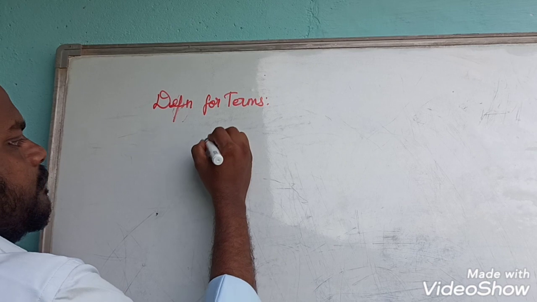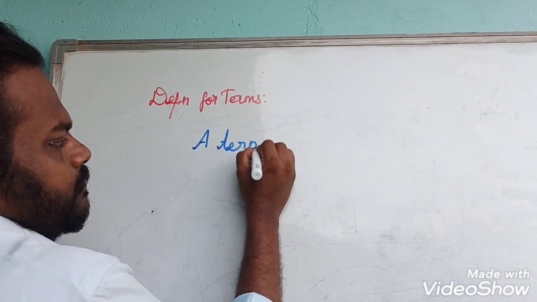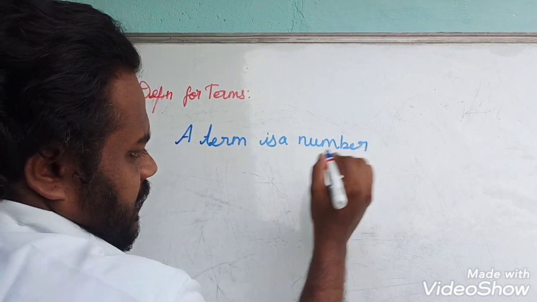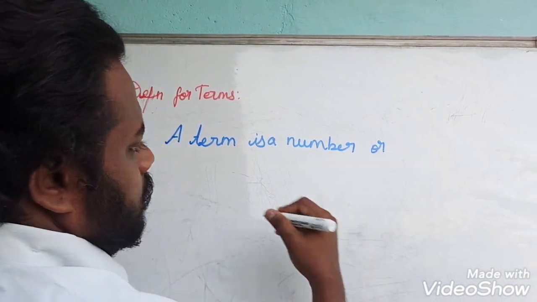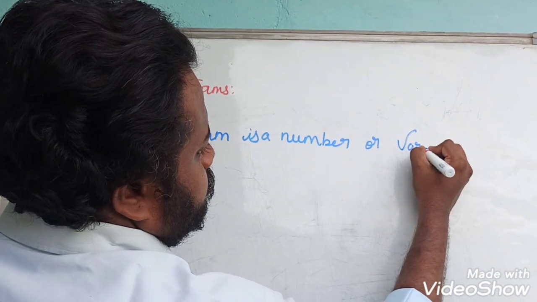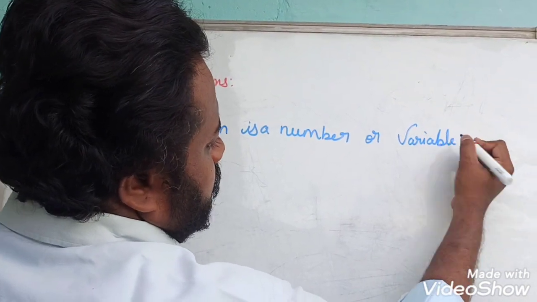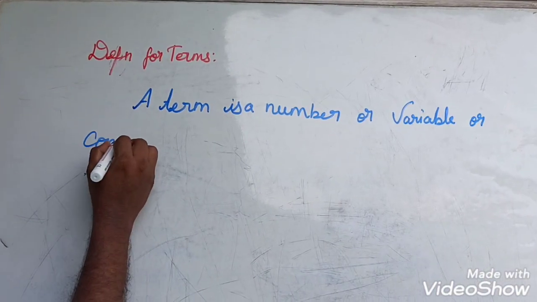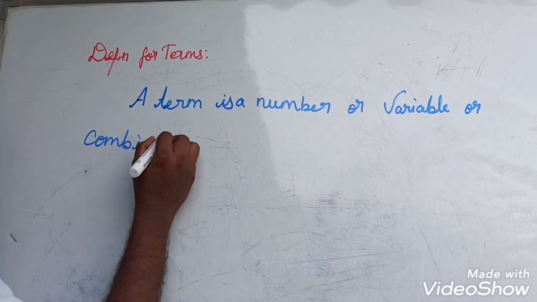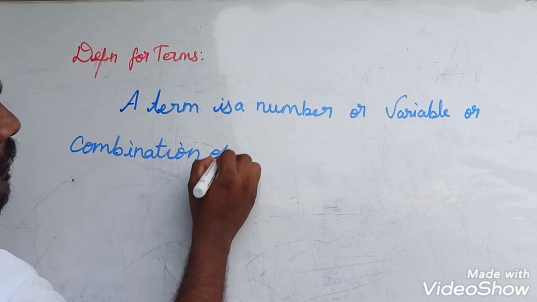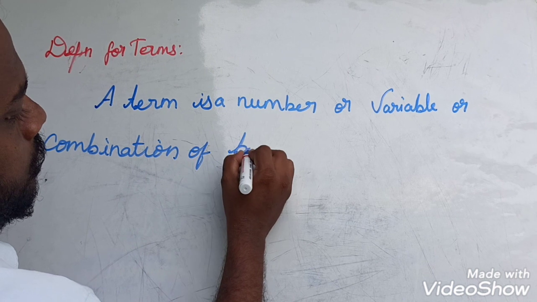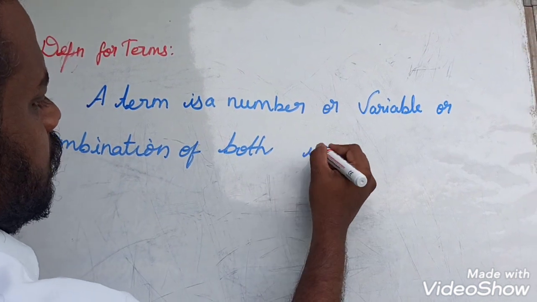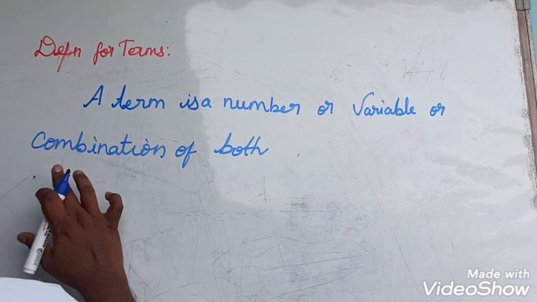A term is a number or a variable or a combination of both.